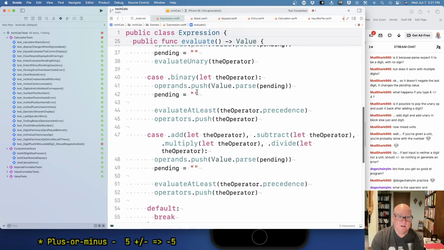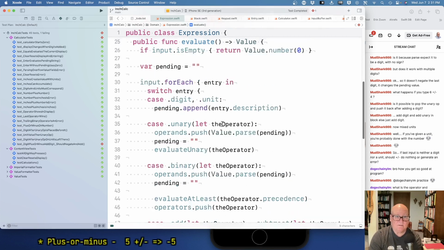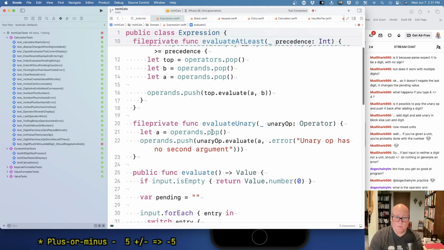Okay, so what we're getting is 6, so that should push the 6 into the pending. A unary operator, so we should turn the pending into a value and push it on the stack, so we get the actual 6. And then evaluate the unary. We pop that off the stack.